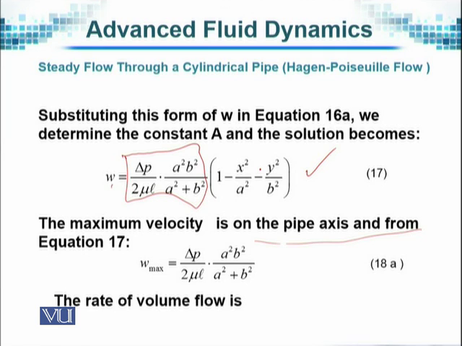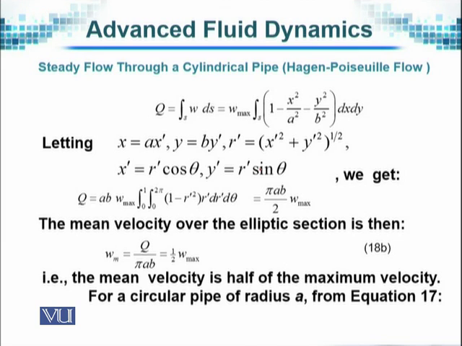The rate of flow, the rate of volume flow, the amount of fluid that is flowing, will be flowing at a rate given by Q. Q will be the integral of the angular velocity W into ds, and if we take its maximum value, then W is equal to this one. Since the variables are x and y, of course the area of cross section will be dx dy.